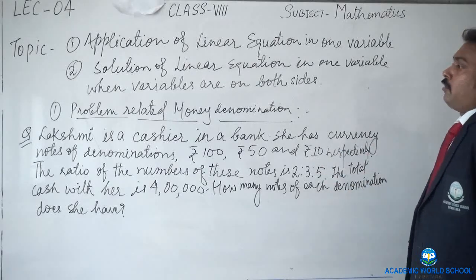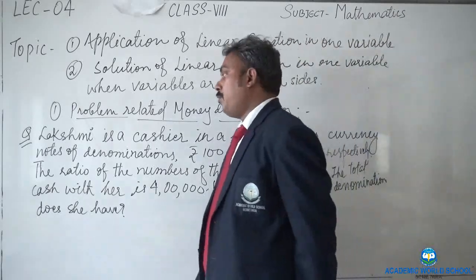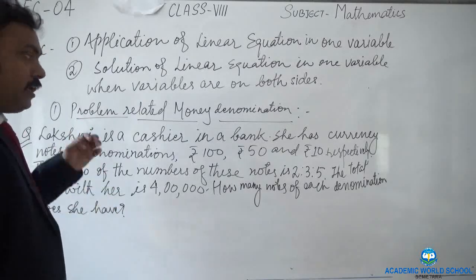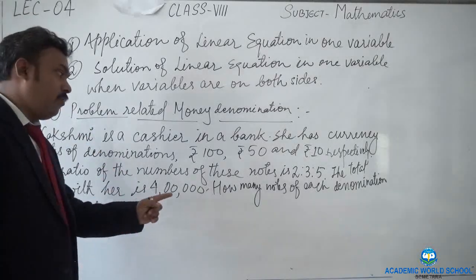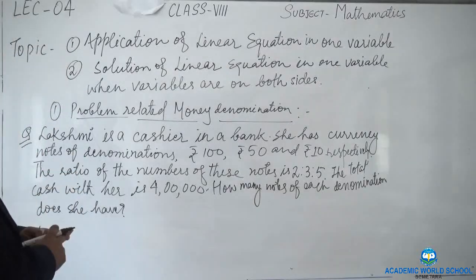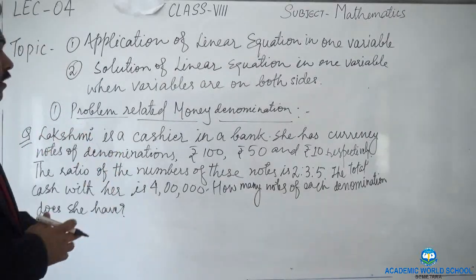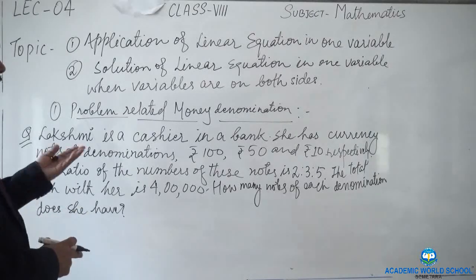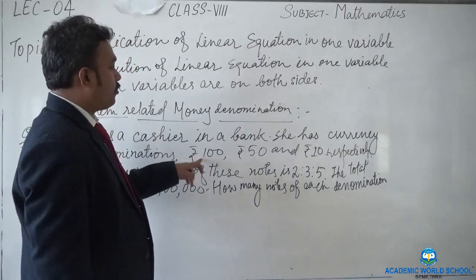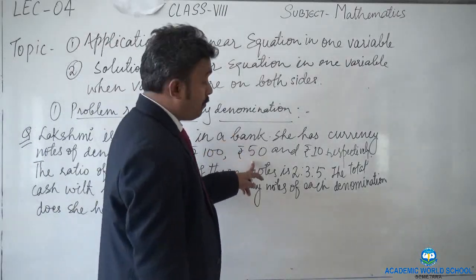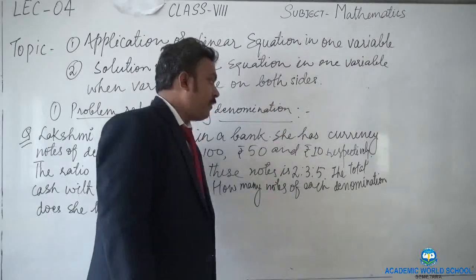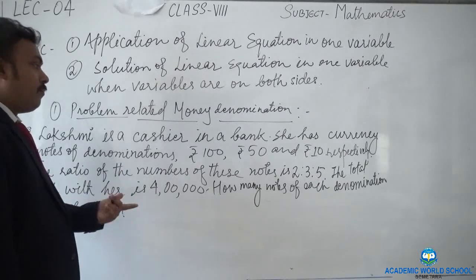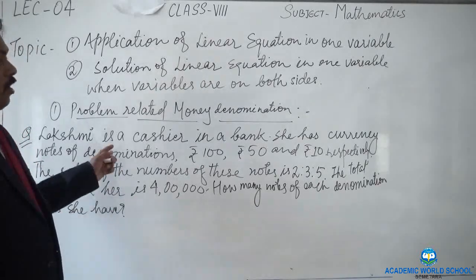So here what is unknown? We read the question, we understood that, right? Unknown is the number of notes of each type of denomination. Means how many notes of rupees 100 she has, how many notes of rupees 50 she has, and how many notes of rupees 10 she has. So this one we need to assume. Now, how are we going to assume that?